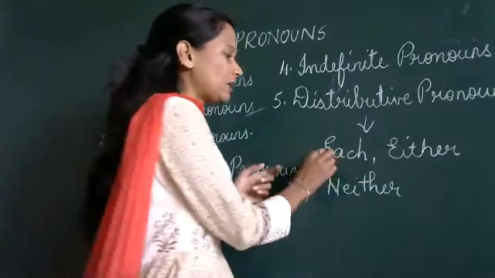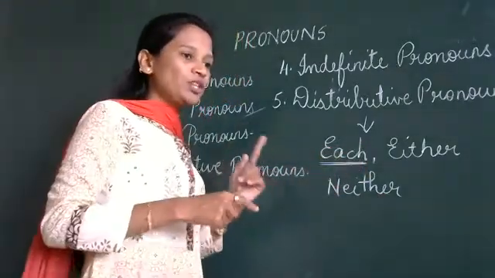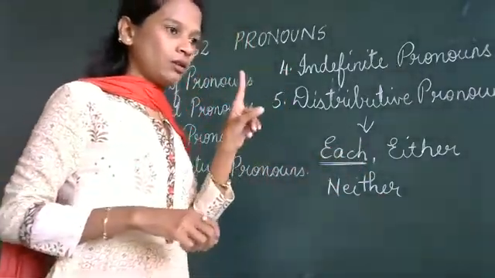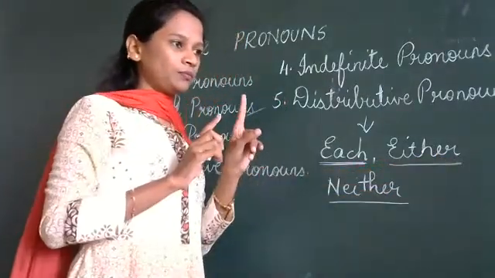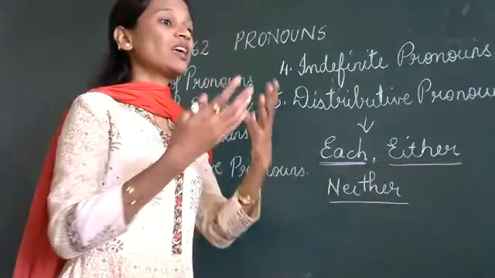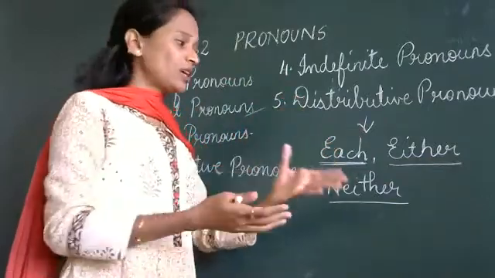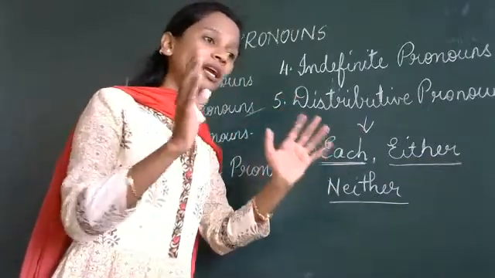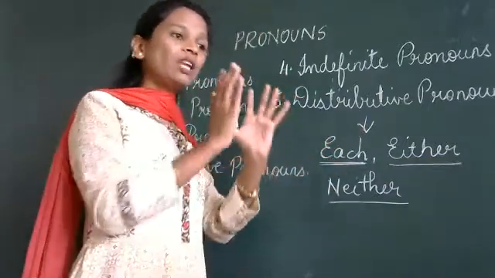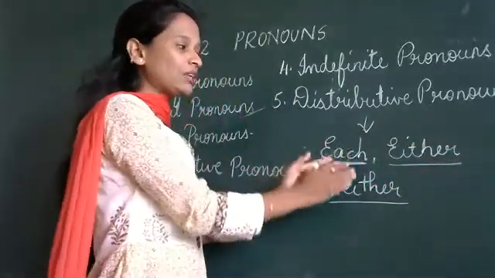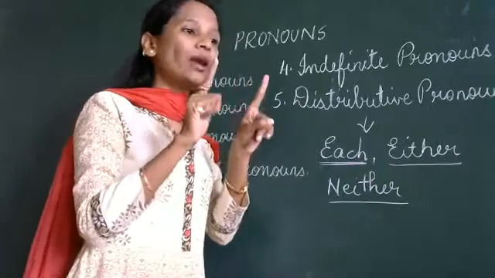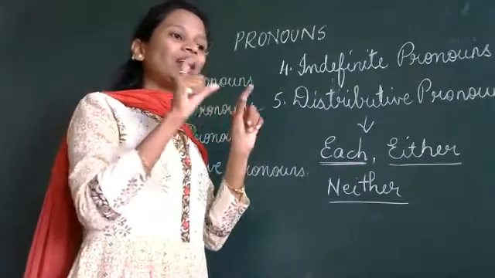Now, what is this each? Each means one, one particular. All these words are one only. That's why they are said singly. Most of the time, each, either, neither means one. It is only taken as single.